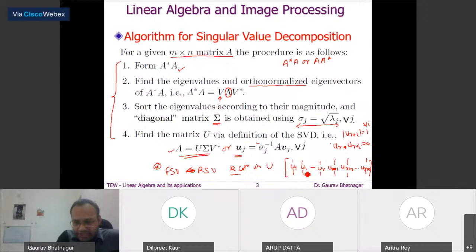Now, in order to do this, we can always use the concept of the perpendicular set of a particular space, and then you can do that.